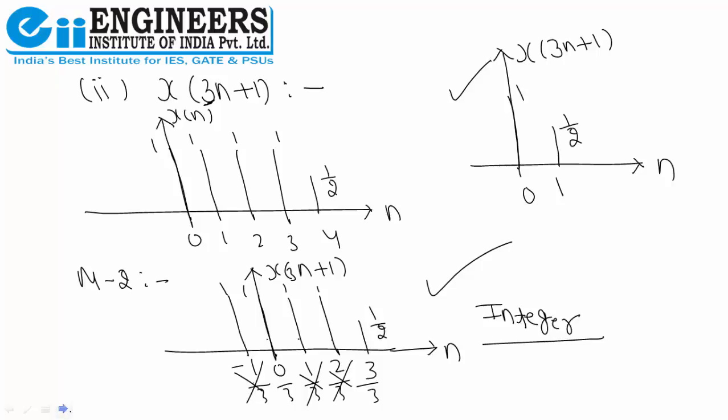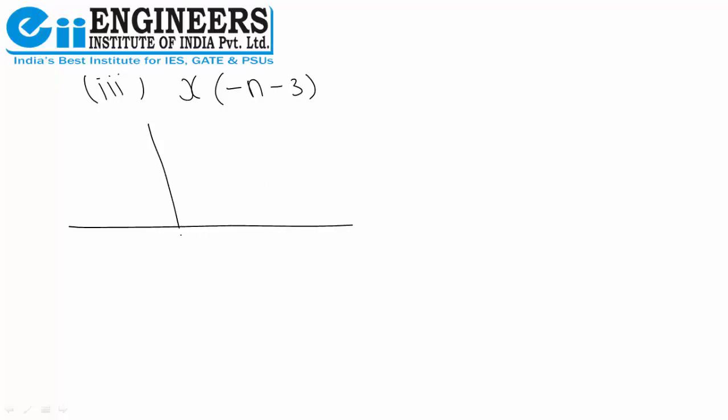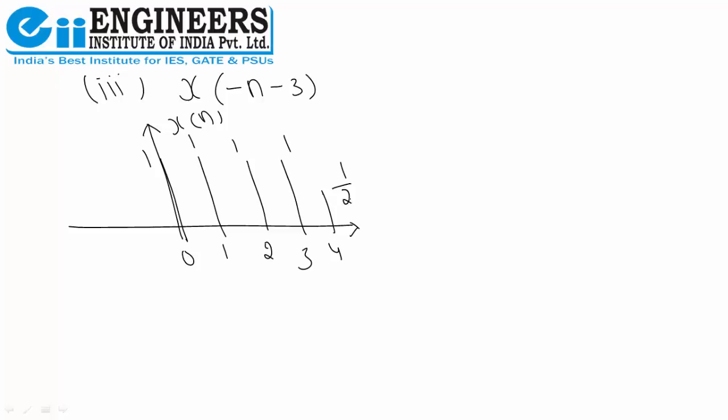Now for the same question, suppose I take the third operation, where I want to perform x[-n-3]. My x[n] again will remain the same: 1, 1, 1, 1 and 1 by 2.